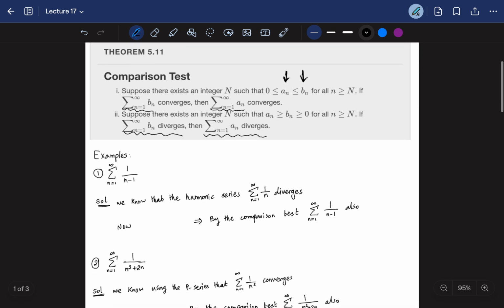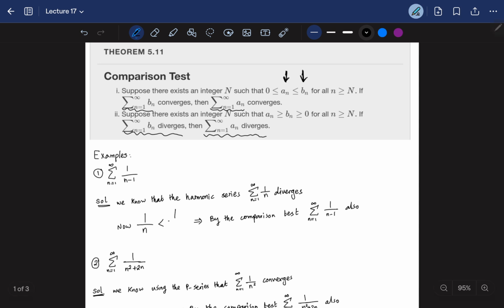If we have the summation of 1 over n minus 1, I'm going to compare it with the harmonic series, which is 1 over n, which we already know diverges. Now, if we make the denominator smaller, this means that my fraction becomes bigger.